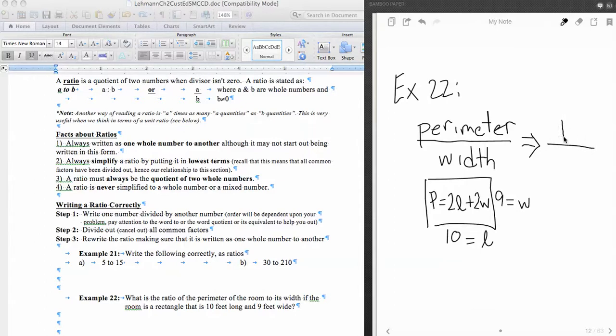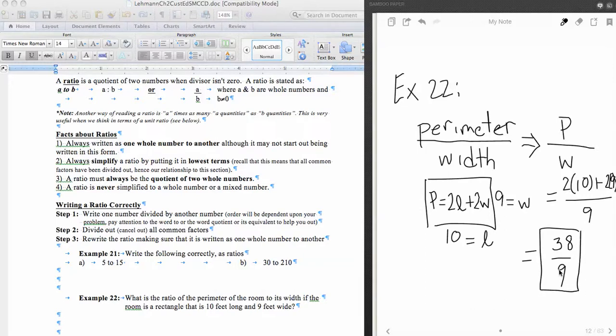So we have perimeter, which I'll call P, over the width, which I'll call W. And then we can actually put in the numbers: 2 times 10 plus 2 times 9, over the width, which is 9. And from there we can get the answer, 20 plus 18, which is 38, to 9, and that is our ratio, 38 to 9.